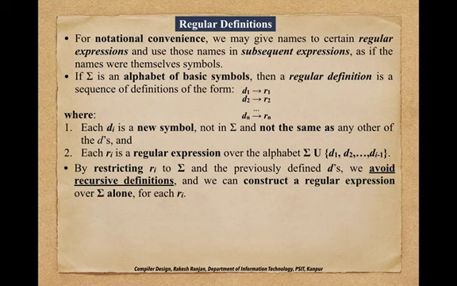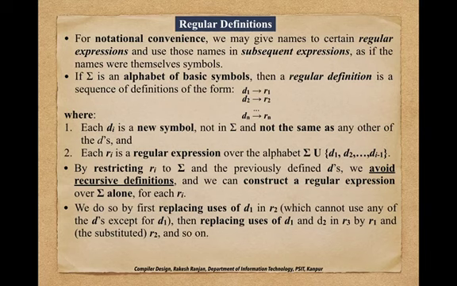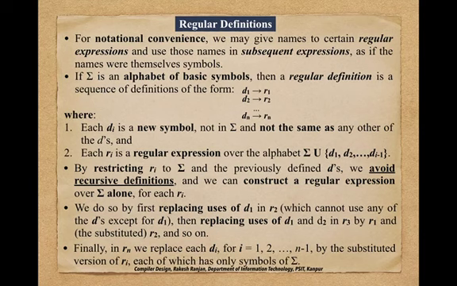By restricting ri to sigma and previously defined d's, we avoid recursive definitions, and we can construct a regular expression over sigma alone for each ri. We do so by first replacing uses of d1 in r2, which cannot use any of the d's except d1, then replacing uses of d1 and d2 in r3 by r1 and r2, and so on. Finally, we replace in rn.